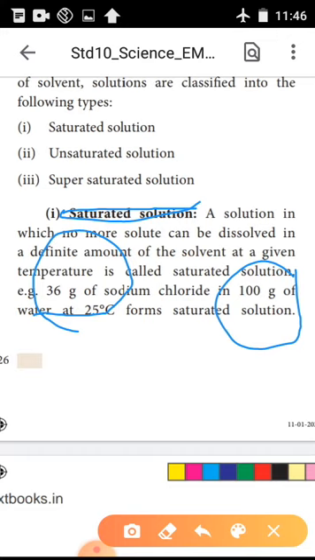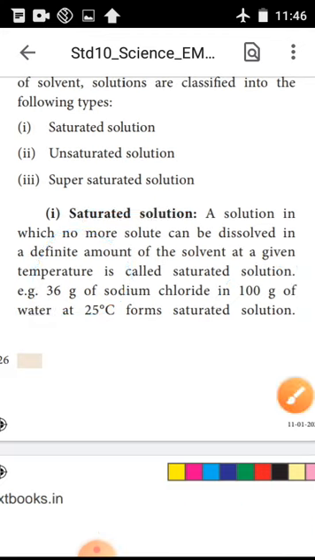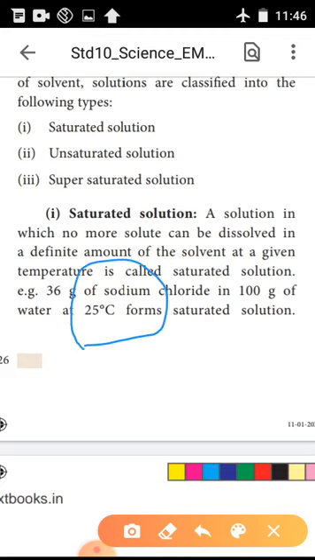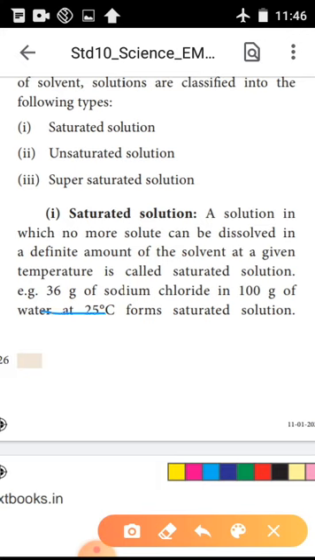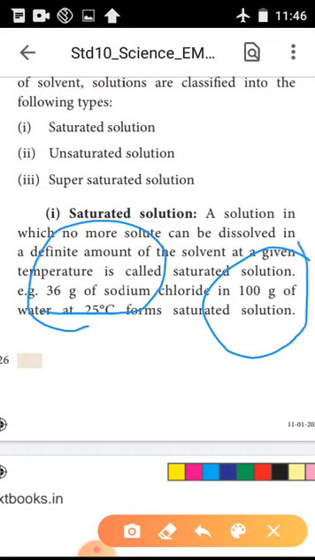At 25 degrees Celsius, the given amount of solute dissolved in 100 gram of solvent is a saturated solution. Is it clear?